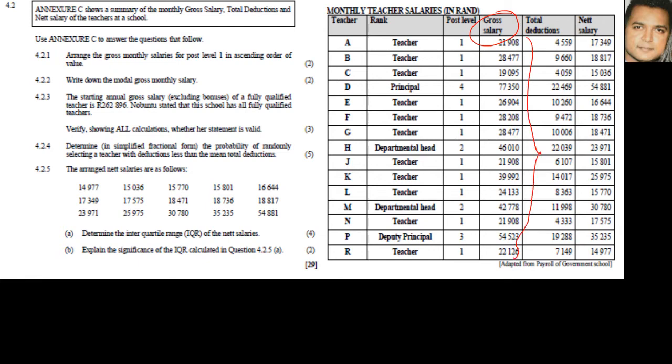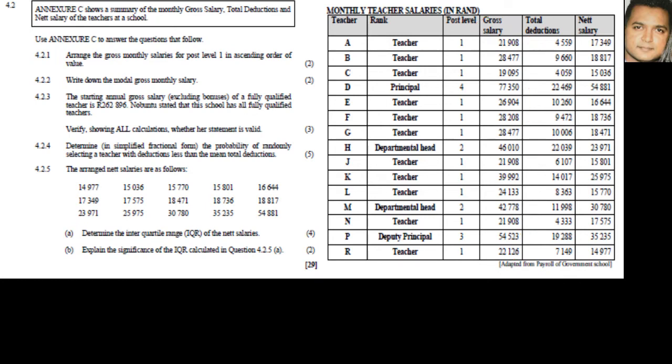The modal number comes from the word mode, remember they used the term modal sometime in the examination. Basically we're speaking about mode. It's a number that appears the most often, and the number that appears most often, and we mentioned it was 3 times, was the 21,908.